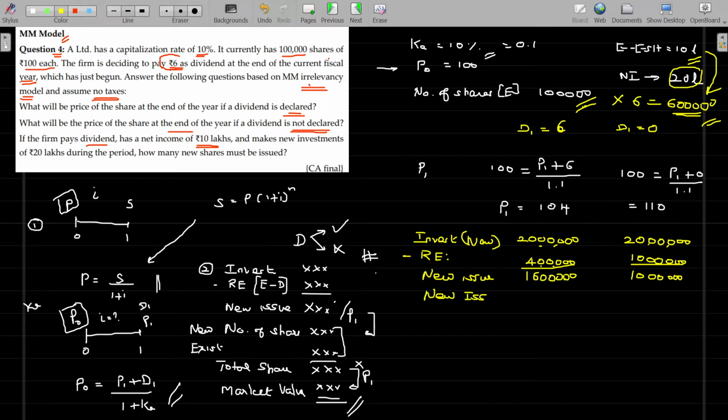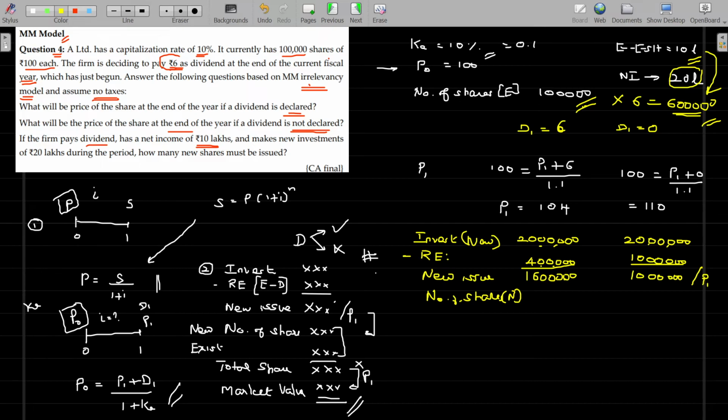When the price is 104, I denote the number of new shares as N. N is the fund required by issuing fresh shares divided by the price applicable by the time, P1.